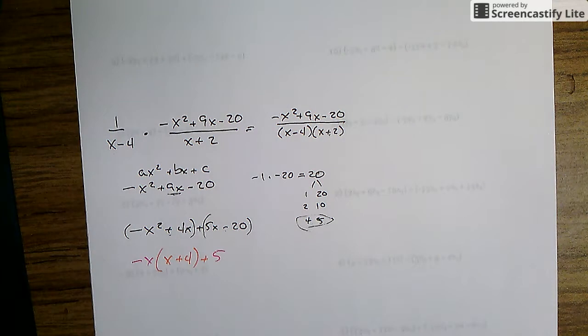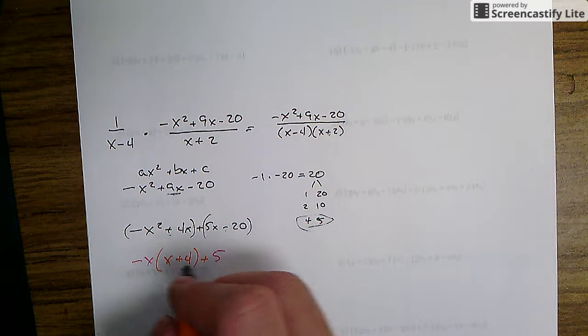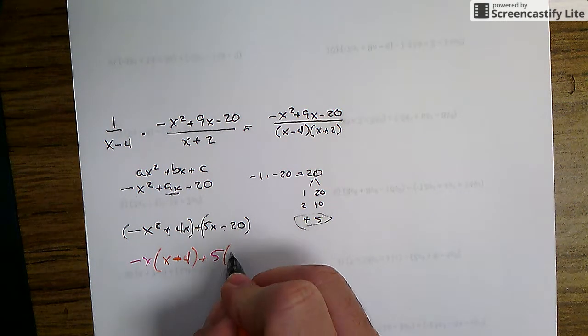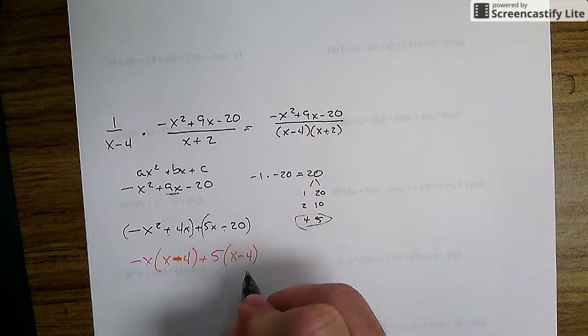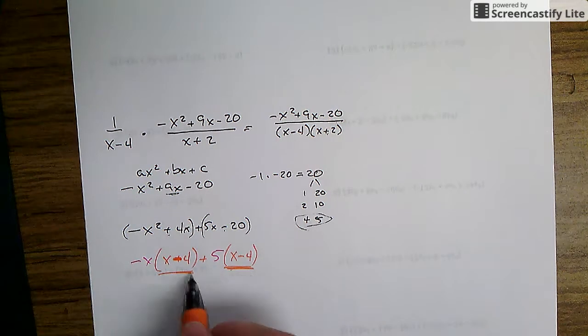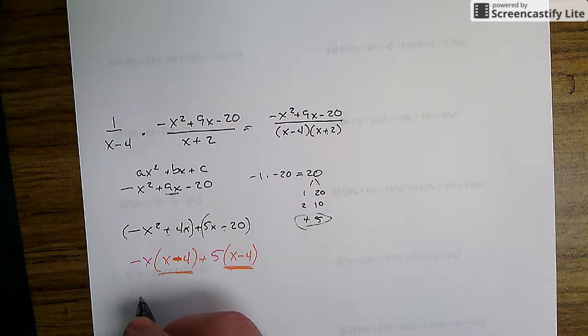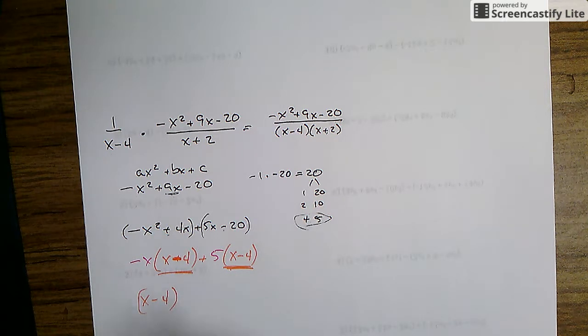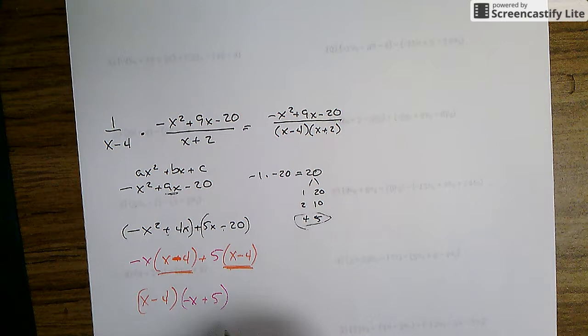So 5, which leaves me with, oh, sorry, this is a minus 4 right there, x minus 4. Now, I have this common expression in both my groupings, so I can factor that x minus 4 out. So I have x minus 4, and that leaves me negative x plus 5.